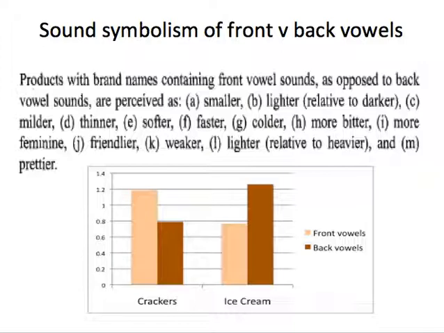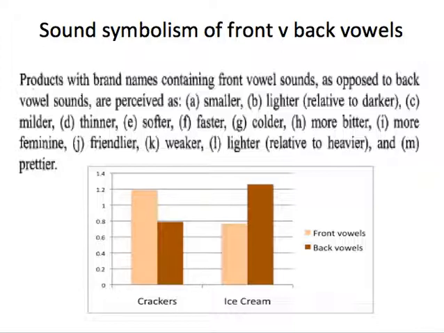He's building on previous research that suggested that front vowels, as opposed to back vowels, are perceived as smaller, lighter, milder, thinner, softer, faster, colder, more bitter, more feminine, friendlier, weaker, and prettier.